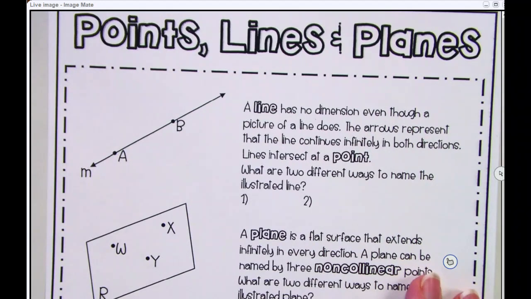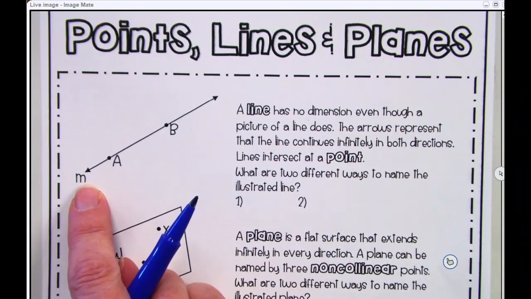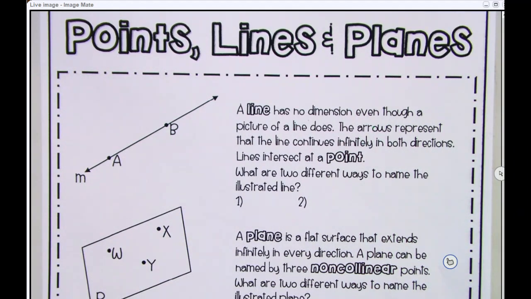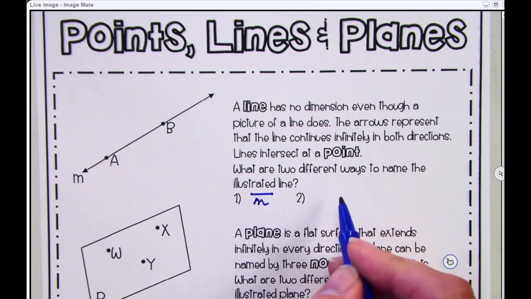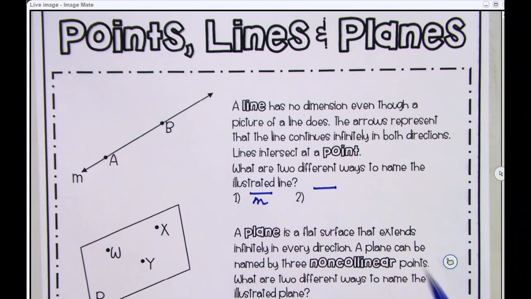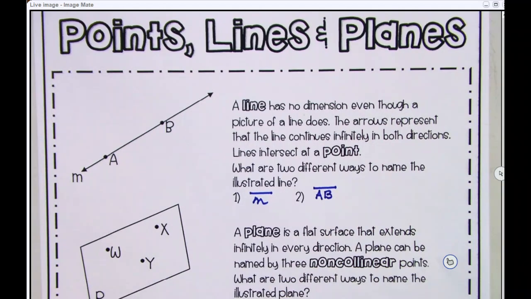Now this line here, I told you that we name it with 2 points, but look at this little italicized letter right here. What would be another way to label it then? Line M. So we've got line M, or we have line what? AB.